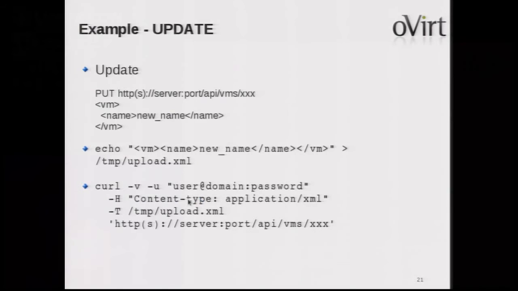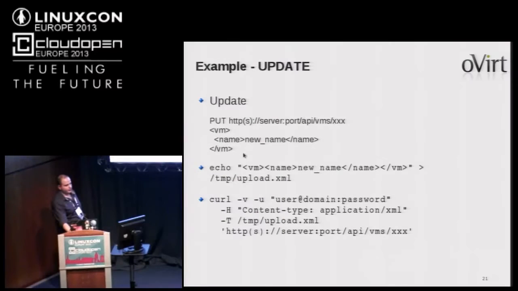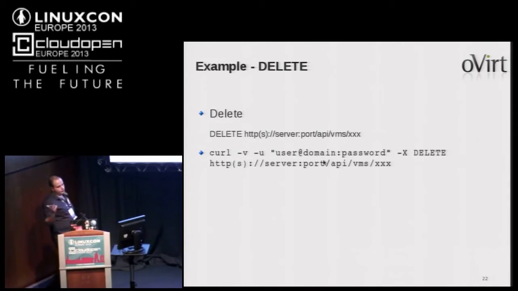It's very standard use of REST API. In here, to update the VM, to rename it, you just use the -T option with curl, giving it the properties you would like to change in the VM. And in order to delete, you issue the delete command, give it -X DELETE.